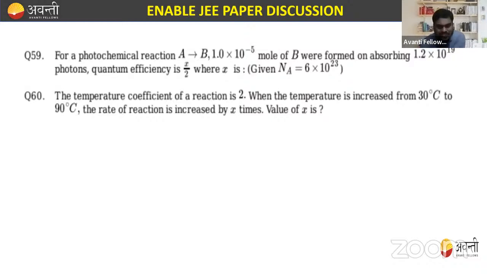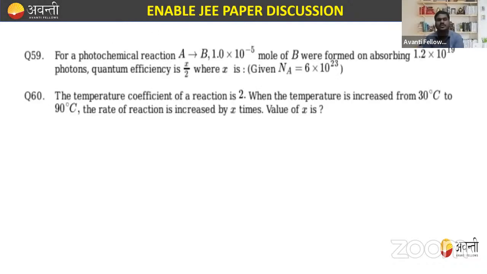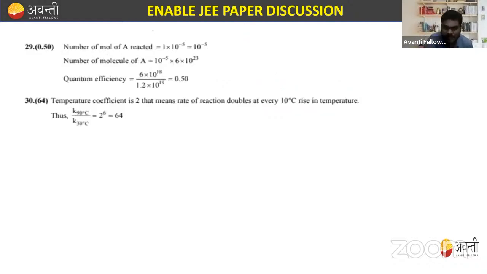Next, move to the next question, that is 59, 60. These two are the last questions. Question 59 states: in the photochemical reaction A to B, 1 into 10 to the power 5 mole of B were formed, and the quantum efficiency is pi by 2, where X is. What is the value of X here? The number of moles of A reacted is 1 into 10 to the power 5, so the number of molecules of A is 10 to the power 15.